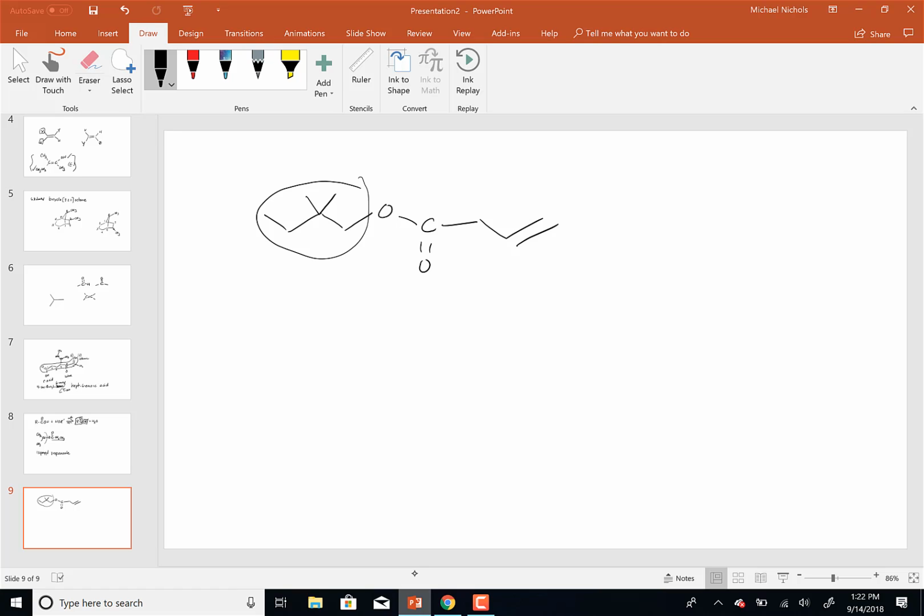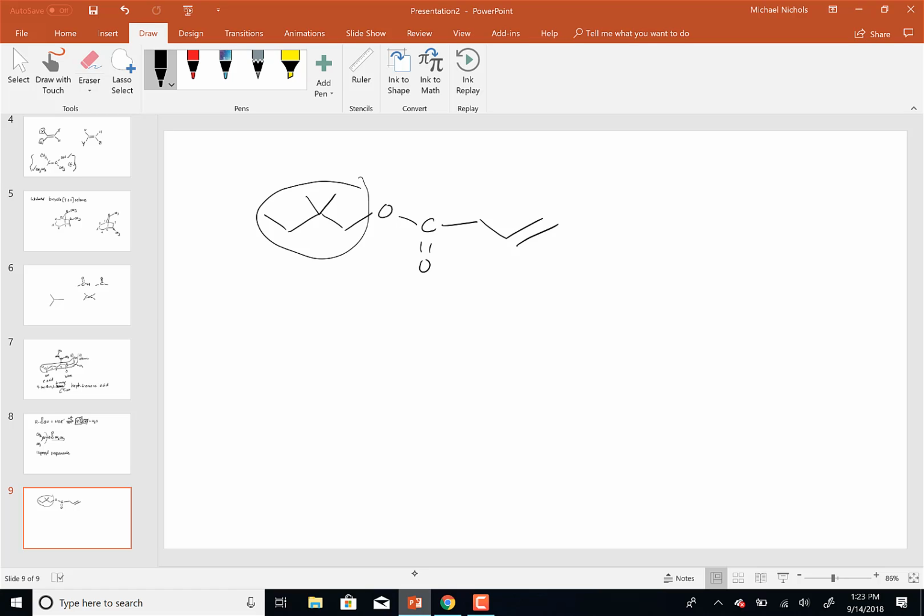Well, it has 1, 2, 3, 4, 5, 6. There's only a couple hexyls on that list: straight-chained n-hexyl, and I believe isohexyl. And that's it. That's been accepted as a common name. This isn't either one of those. So now we have to remember how to name alkyl groups using the IUPAC rules if they don't have a common name.